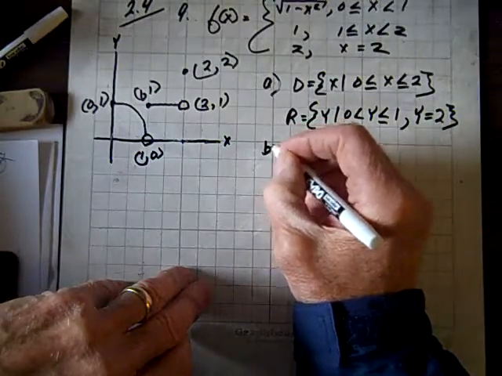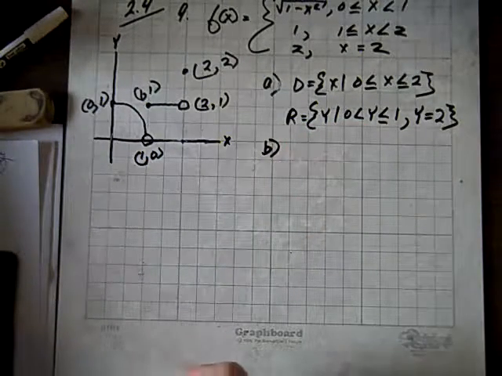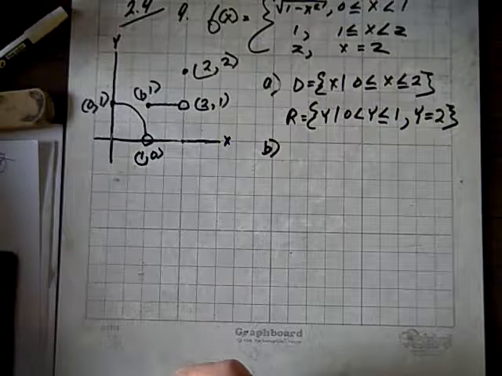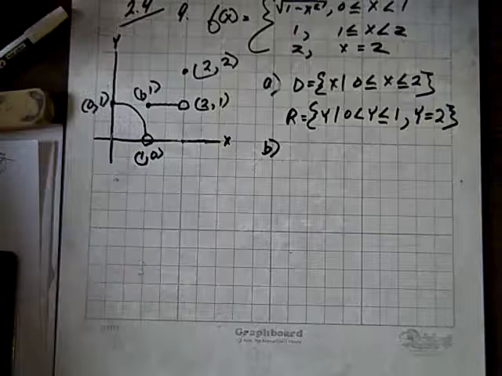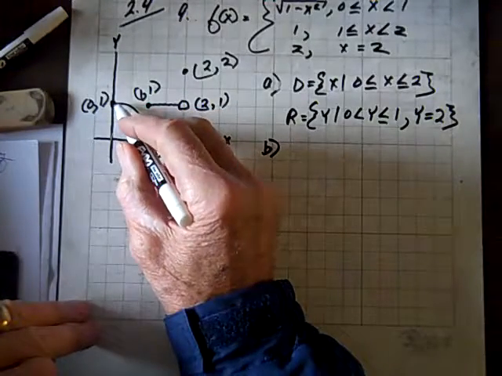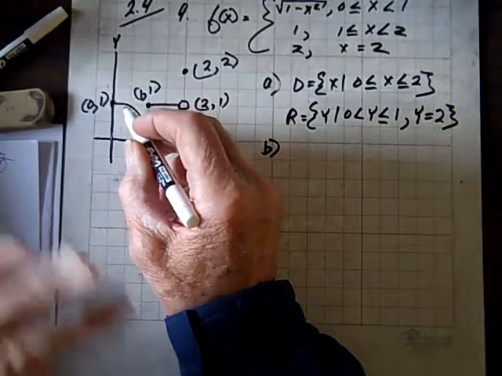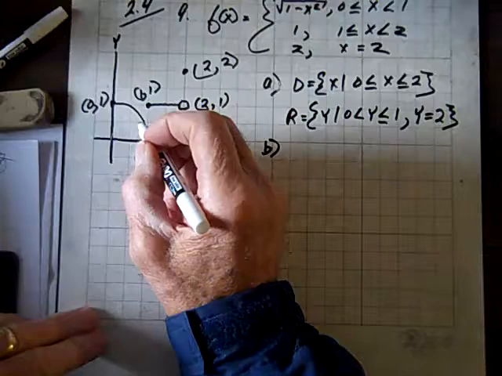Now b, it says what points c, if any, does the limit as x goes to c of f of x exist? Well, will you agree that for a limit to exist, x has to be on an open interval?